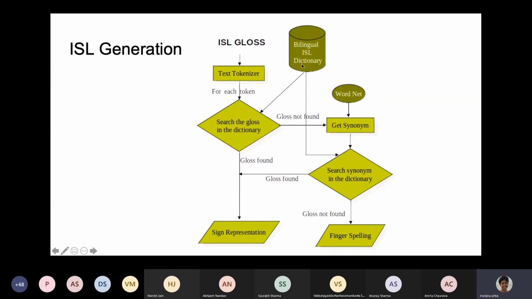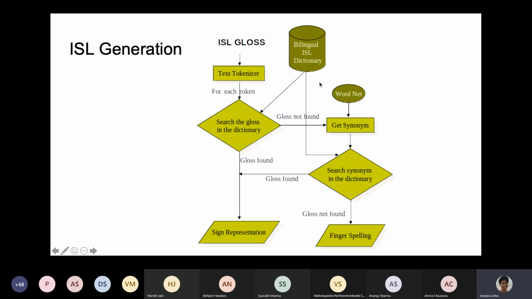Basically, in the rule-based or statistical translation systems, we have a bilingual dictionary, as in our dictionary, say with the English to Hindi dictionary, you have a bilingual mapping of two languages. So a similar dictionary. When we tokenize the text, we search the gloss in the dictionary.